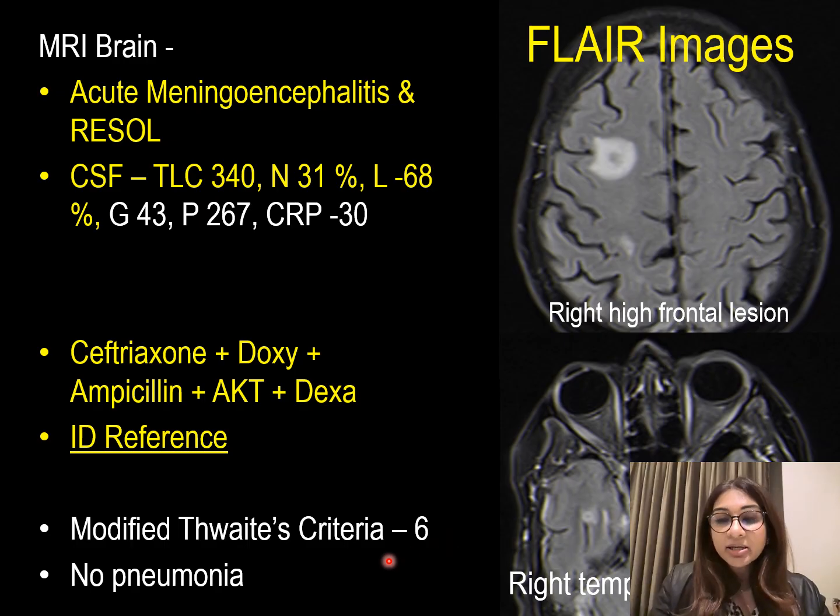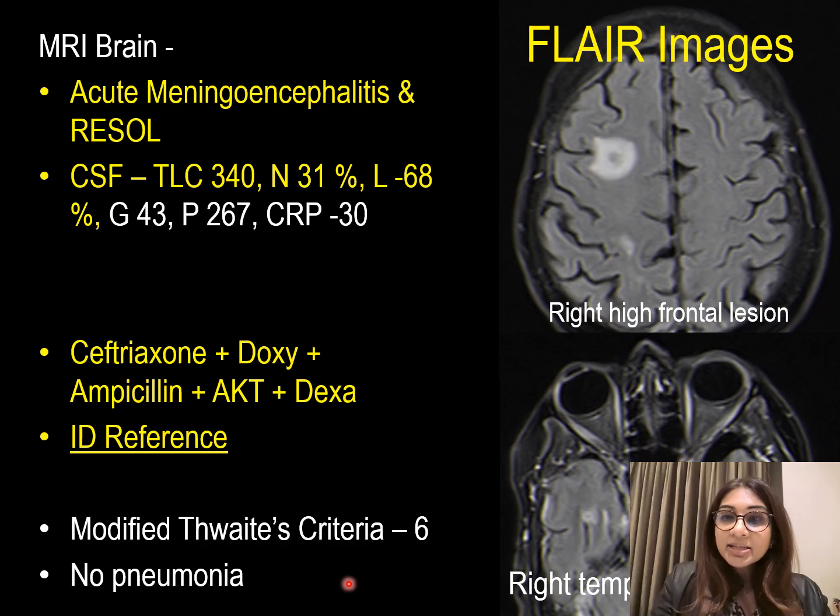Now, this criteria helps us in differentiation of TB meningitis versus bacterial infection. A score of 4 or less is associated with TBM and here the score was 6, so it was not favoring TB meningitis and it has a very good sensitivity.